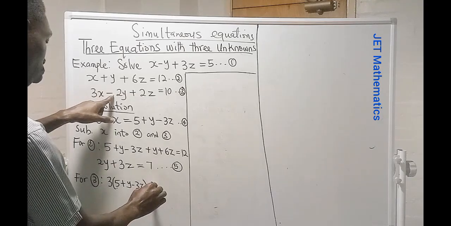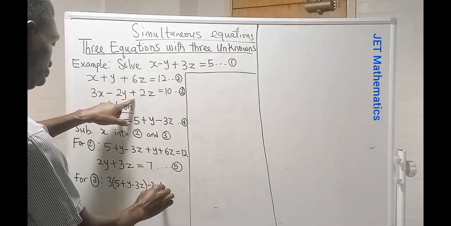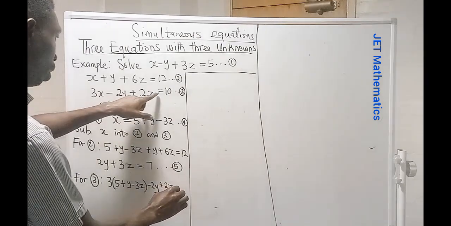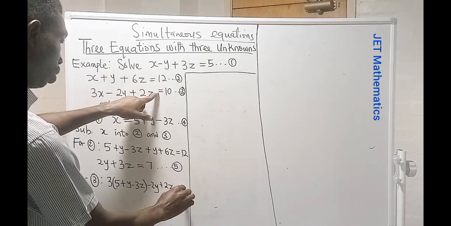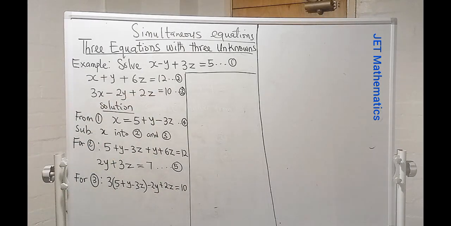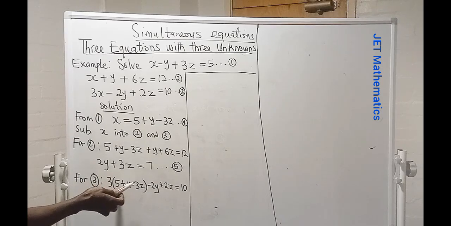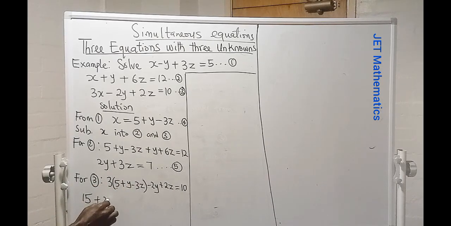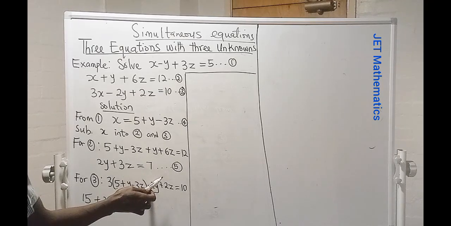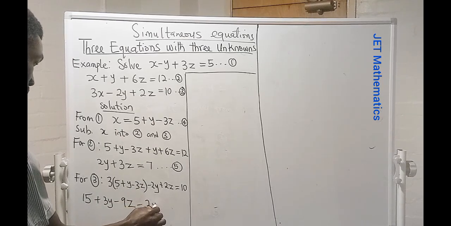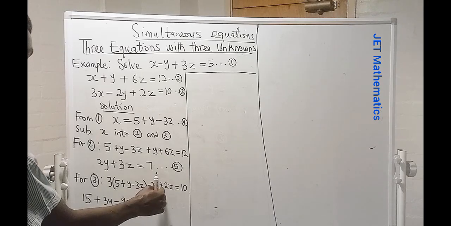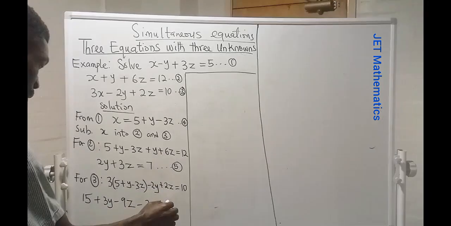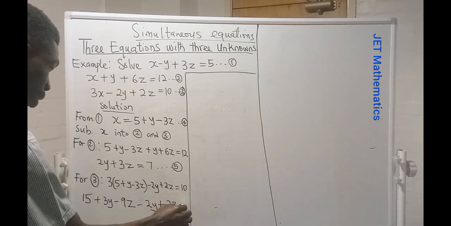Then we have minus 2y plus 2z equals 10. We'll expand this: we'll have 15, then 3 times this gives us 3y, then 3 times this gives us minus 9z, then minus 2y, then plus 2z equals 10.